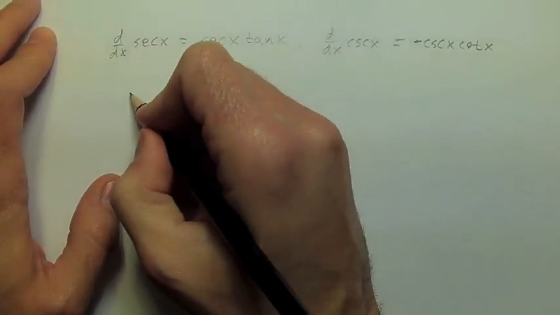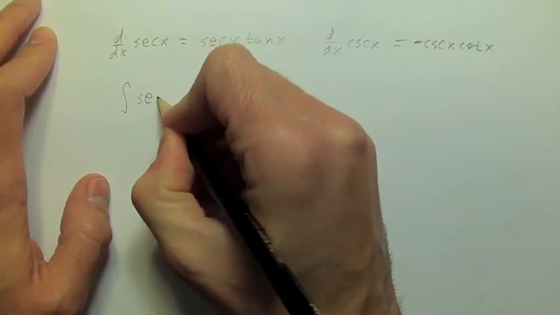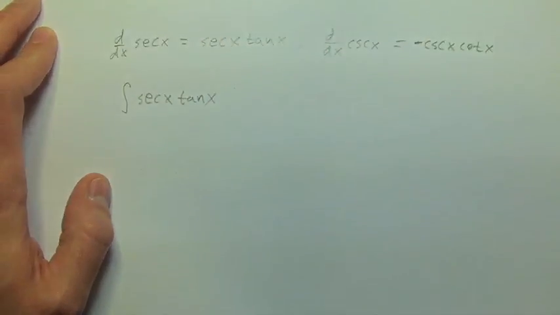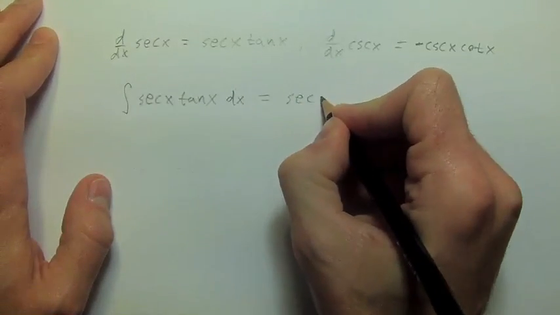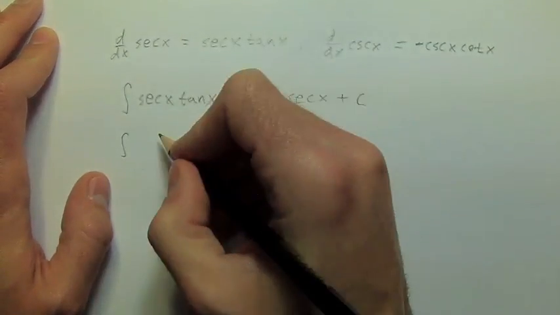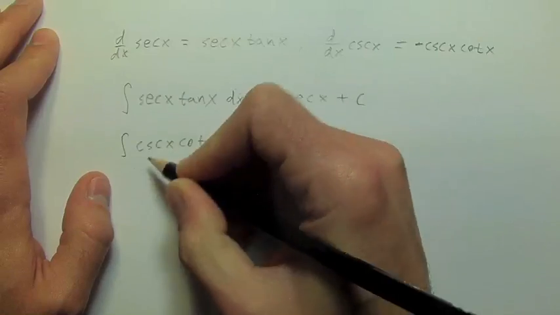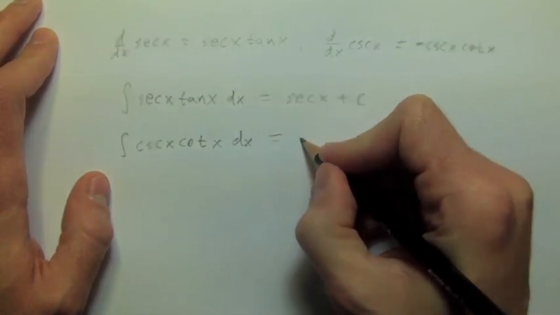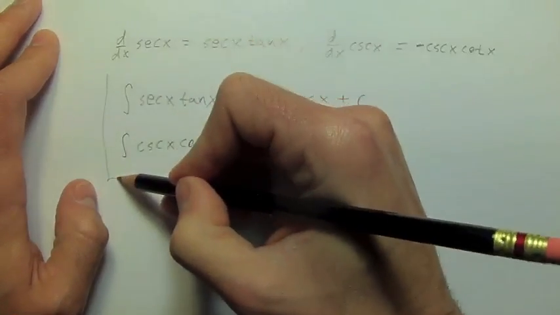Okay, so when we make the integral rules, we say the integral of secant x tangent x, we're just going backwards, we're just mapping backwards using the integral. That will be secant x plus c. And if I do cosecant x cotangent x, this product here, its integral is negative cosecant x plus c.